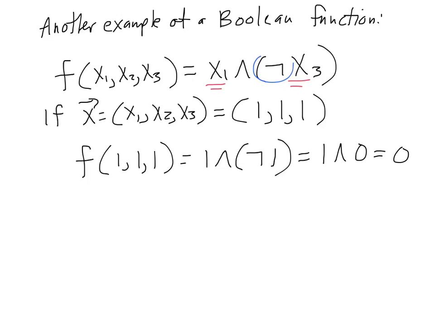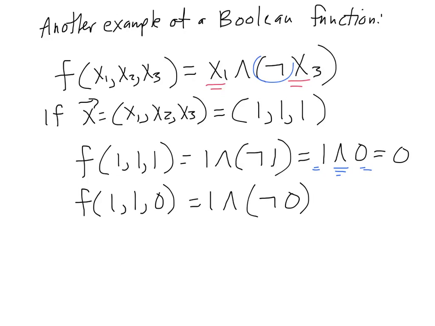In an AND statement, I need both of them to be 1s. Okay. If I look at f of 1, 1, 0, then I'm going to get 1 and not 0. This not flips it to a 1, and I get 1 and 1. And so since both of them are 1s, the output is a 1 there. Okay, so again, we've got to get used to this.